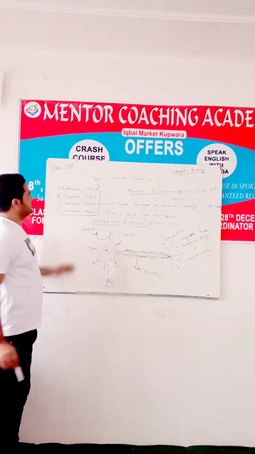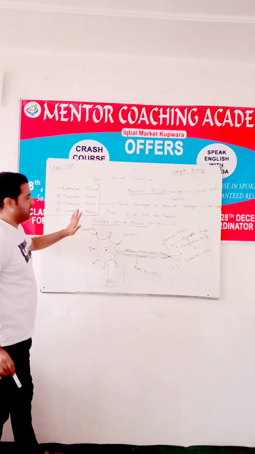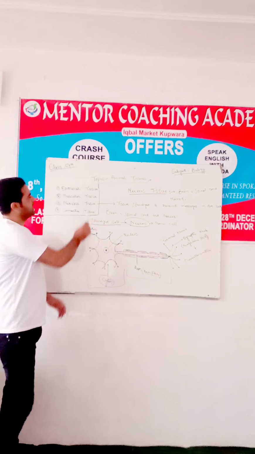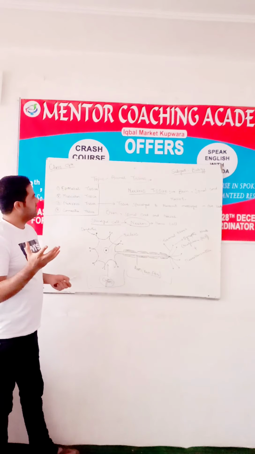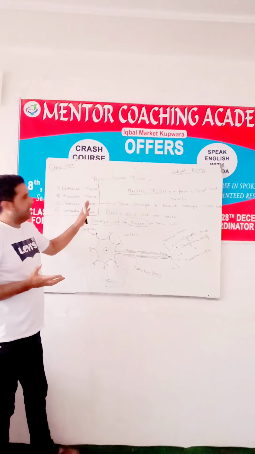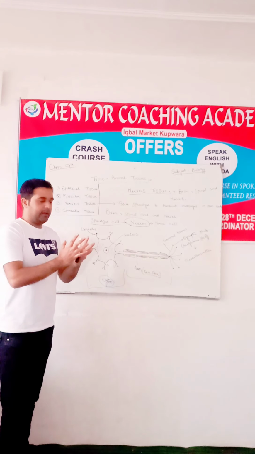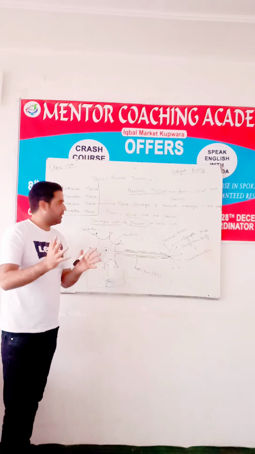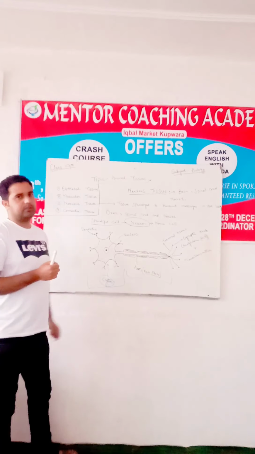All these tissues, epithelial, muscular, nervous or connective, are made up of a specialized type of cell. When these specialized cells group together and perform a particular function, only then we call them tissues.